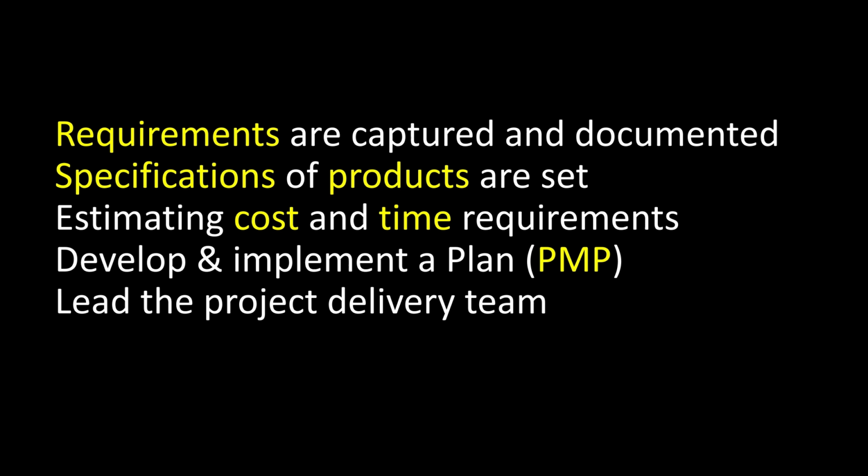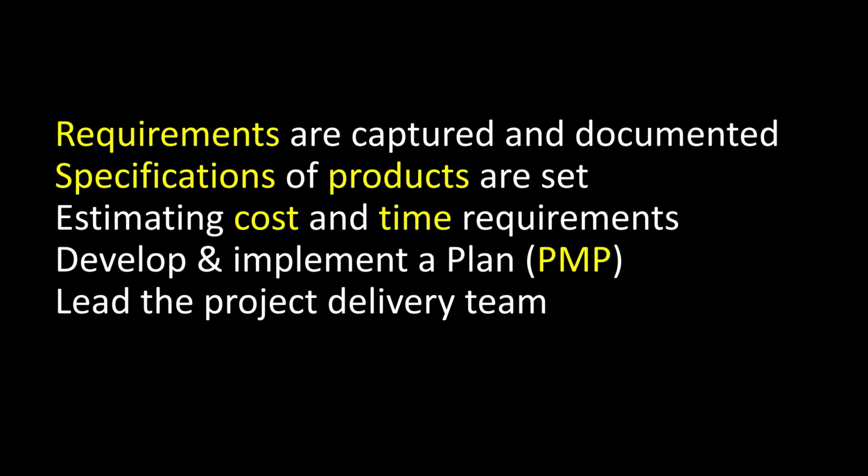Okay, so part of our project manager role, we need to look at a thing called requirements. It's written in yellow, it's a keyword, we will come back to it in another video. So requirements are captured and documented. We need to make sure that has happened. Anything we're going to produce, our products, we need to have a specification for them. It must be this big, it must be compatible with this software, it must be accessible by these people.